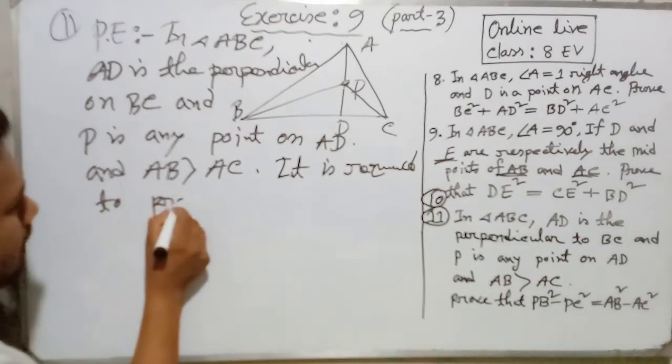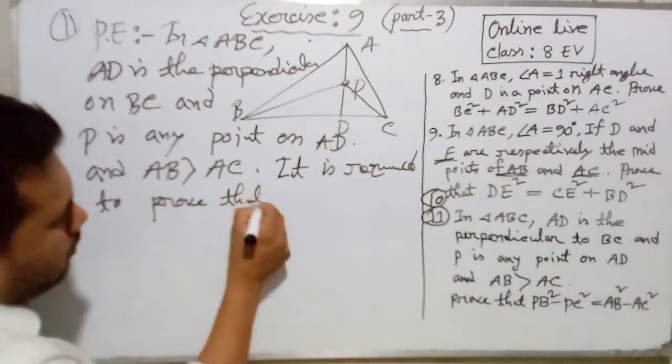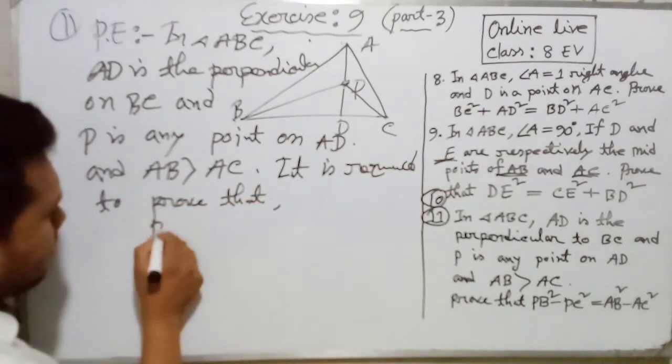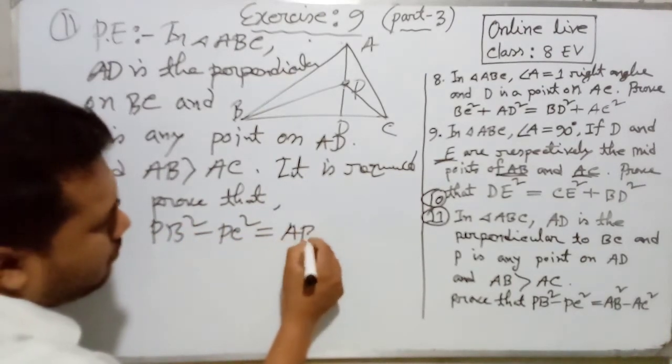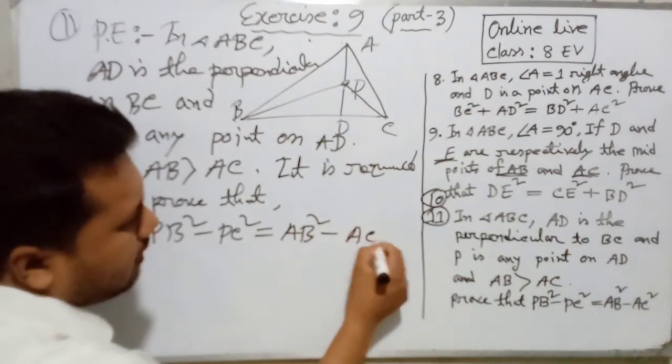Now it is required to prove that PB square minus PC square equal AB square minus AC square.